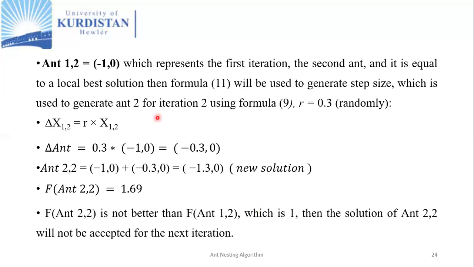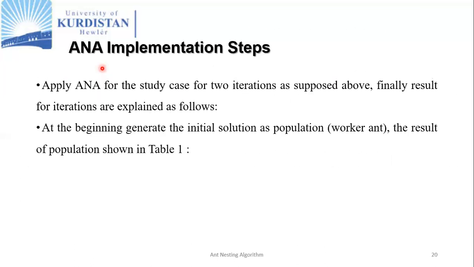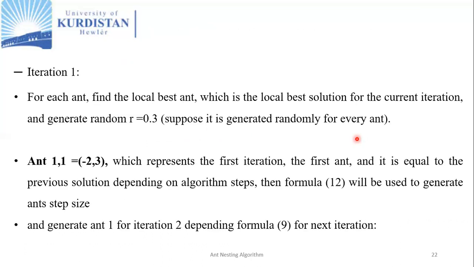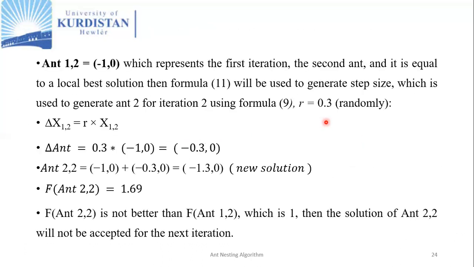Now we go to the next ant, which is -1, 0. As we see in the table, it is equal to the local best. So the current solution equals the best, and we use equation 11 in this case to generate the step size. When we get the change, we add it using equation 9 to get the new solution, which is -1.3, 0.